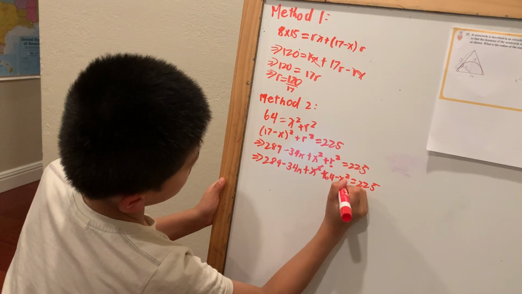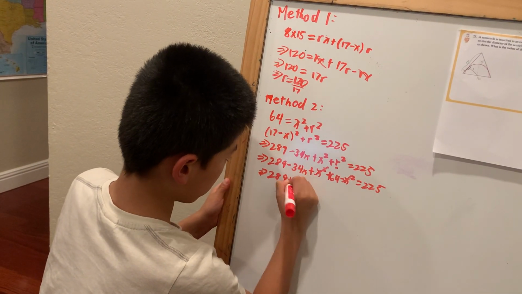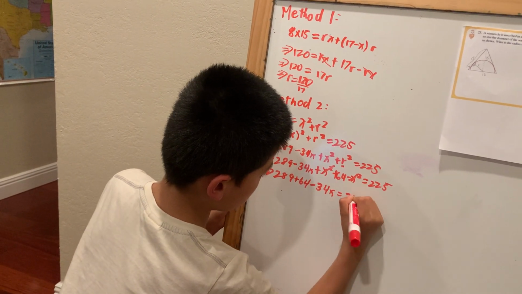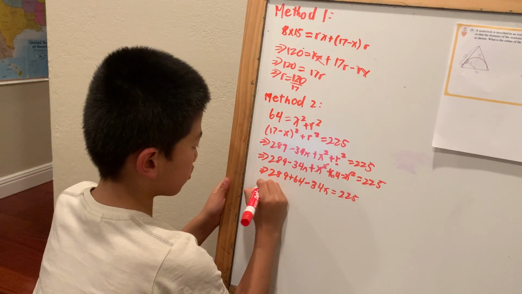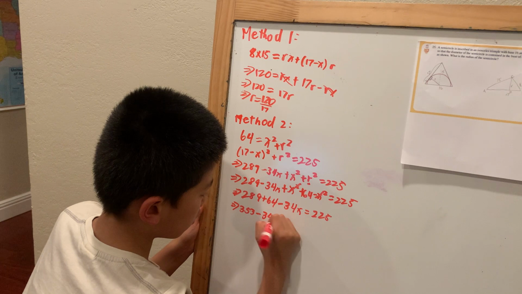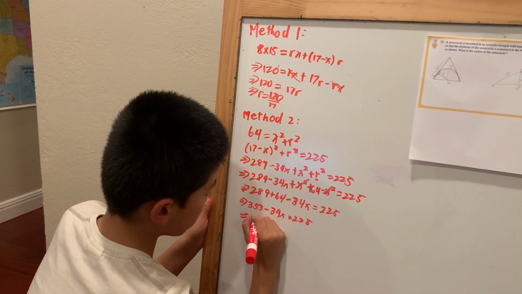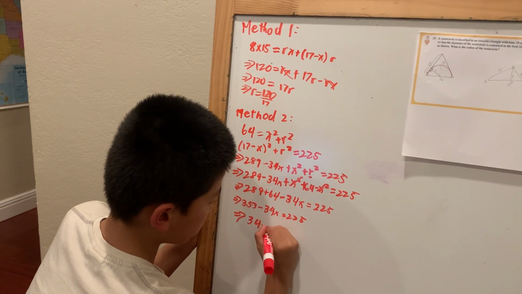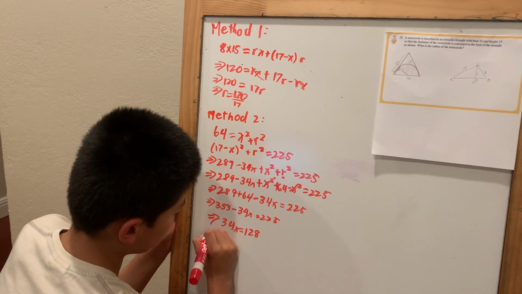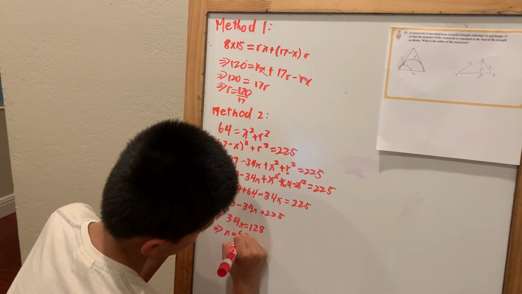We can cancel out the x squared, and we get that 289 plus 64 minus 34x equals 225, which means that 353 minus 34x equals 225, which means that 34x equals 128, which means that x equals 64 over 17.